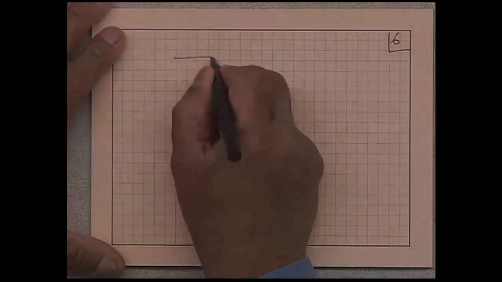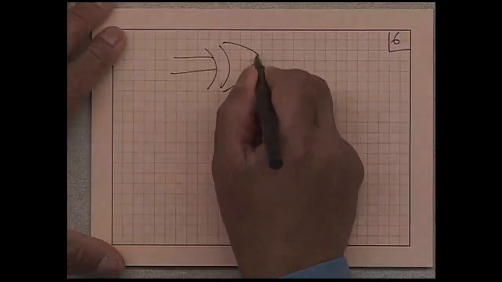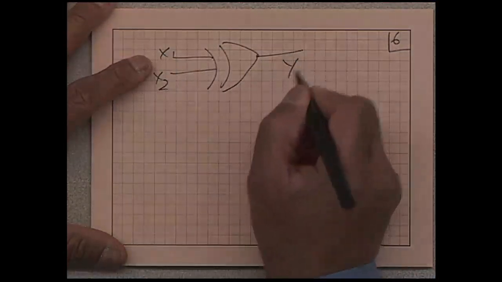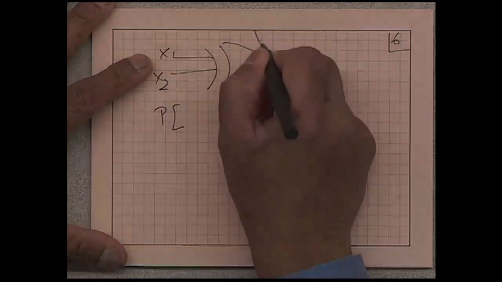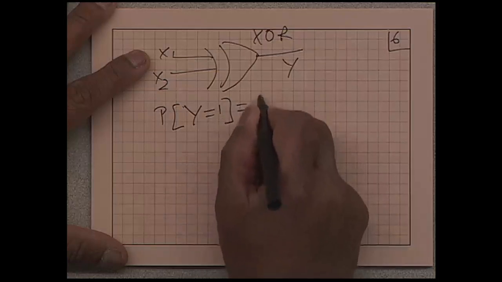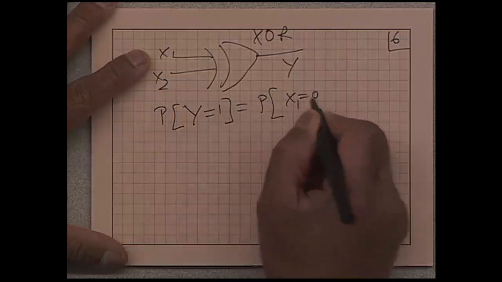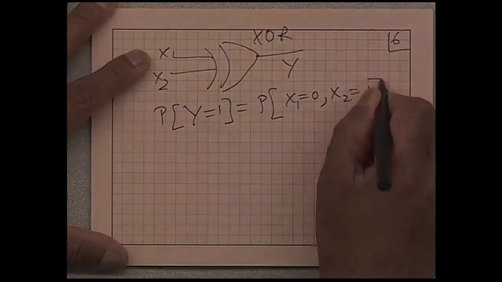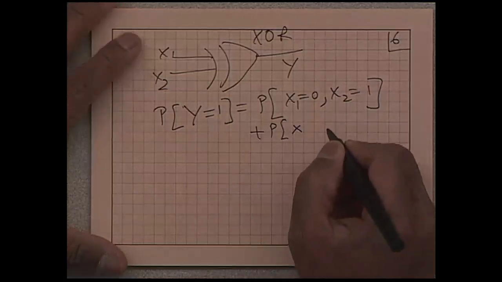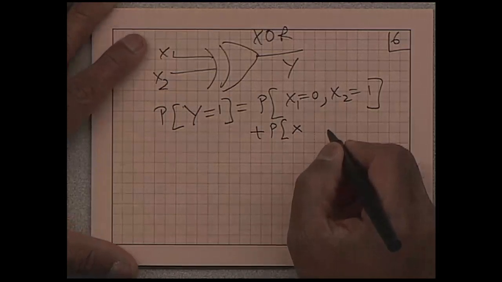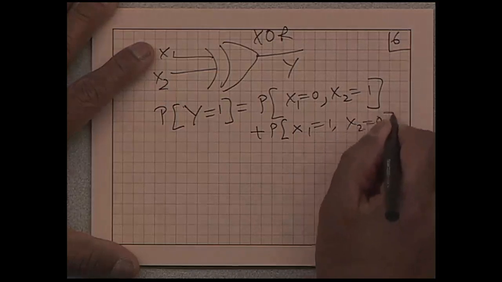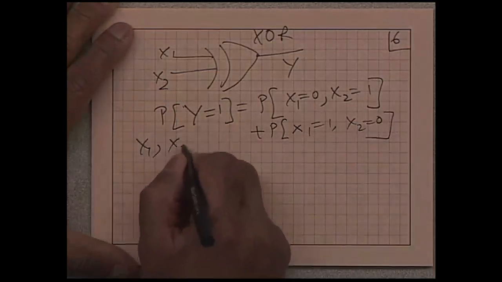If I had an exclusive OR gate, so in this case, probability that y is equal to 1 is probability that x1 equal to 0 and x2 equal to 1 plus probability of x1 equal to 1 and x2 equal to 0. Once again, assume x1 and x2 are independent.